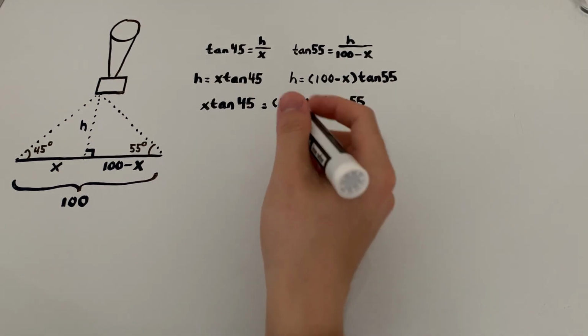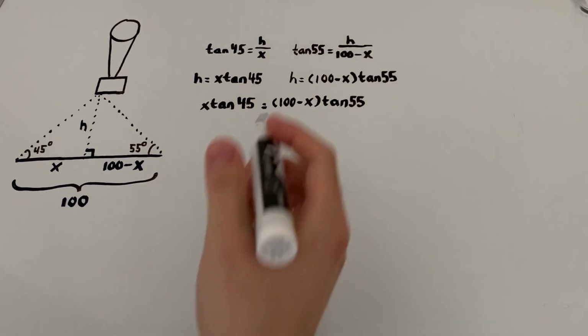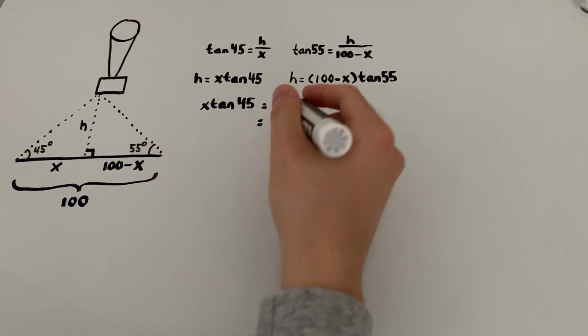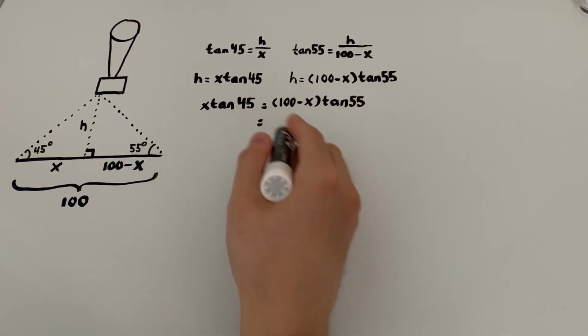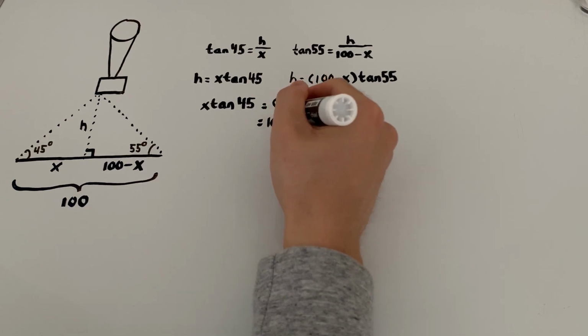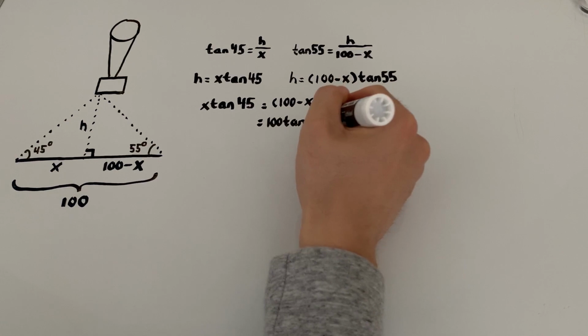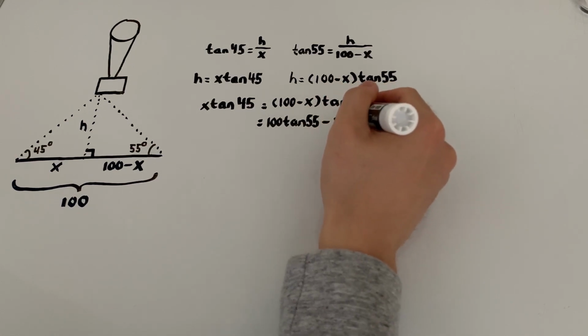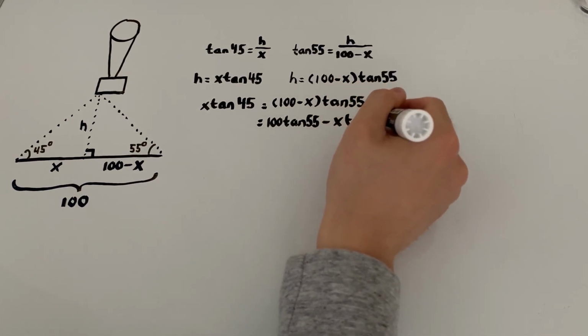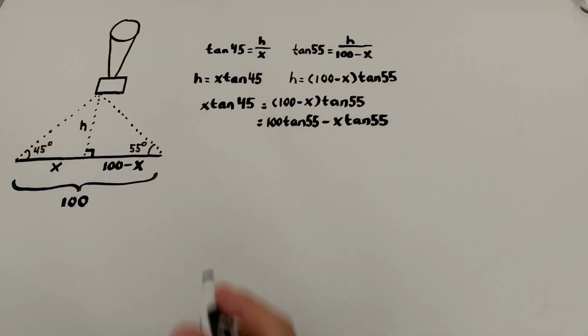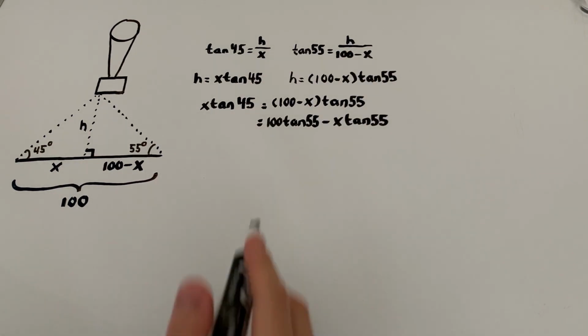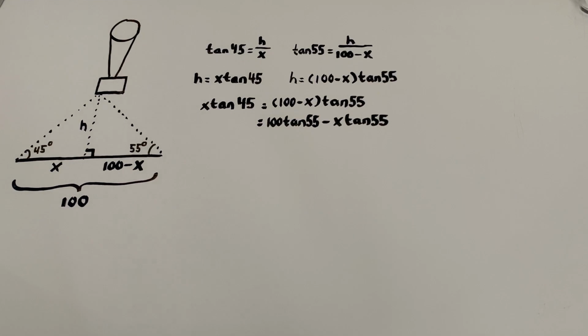Now we're going to open up the right side with just basic distributive property. So x times tangent 45 is equal to 100 times tangent 55 minus x times tangent 55. Now we're going to bring all terms with an x to one side.